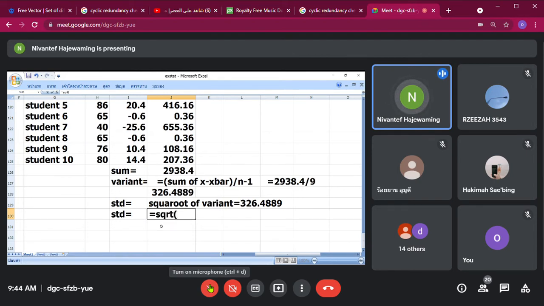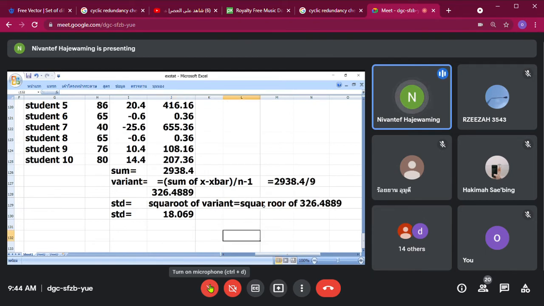Square root of the number. You can use your calculator.